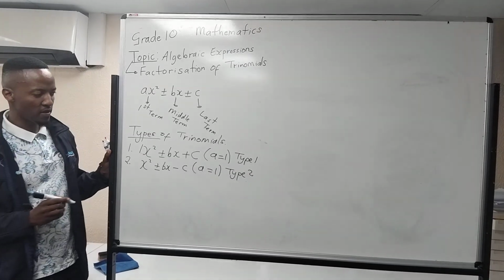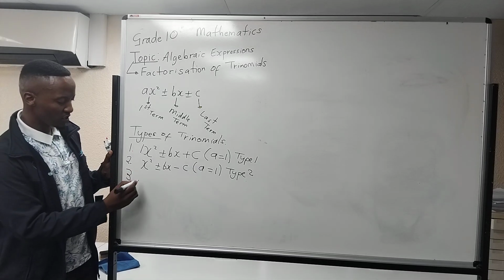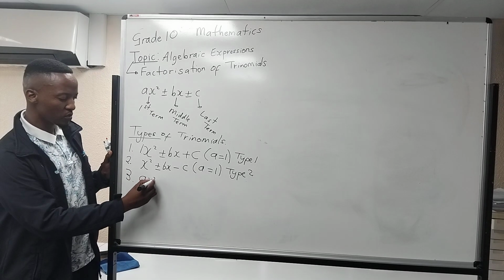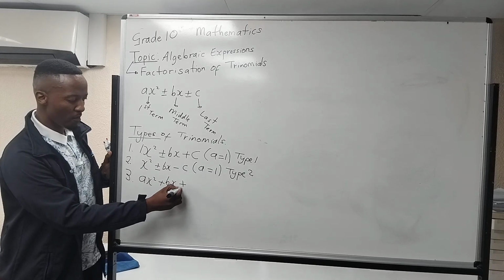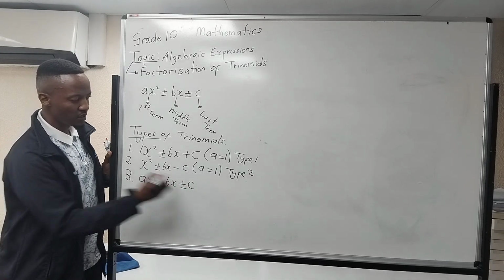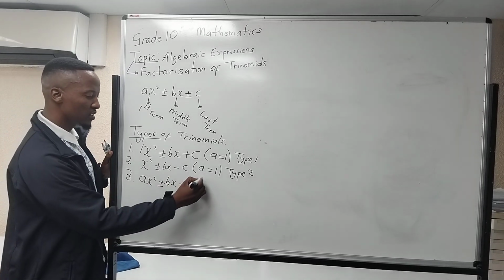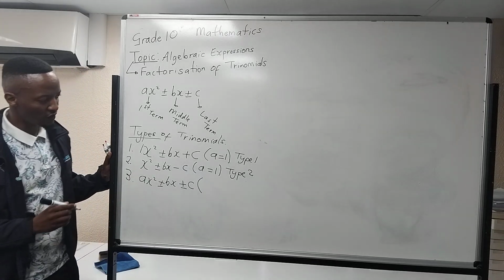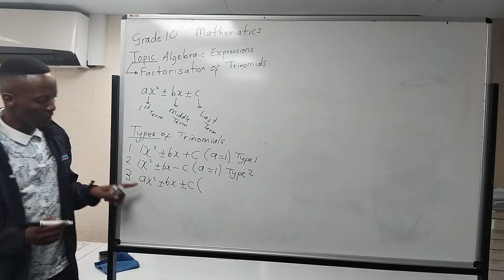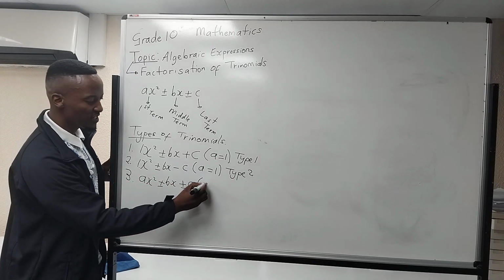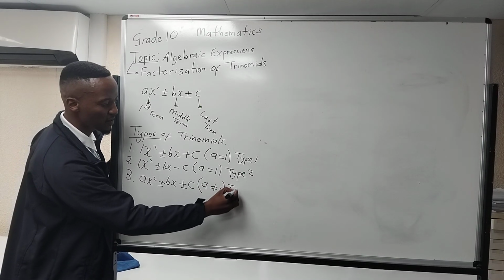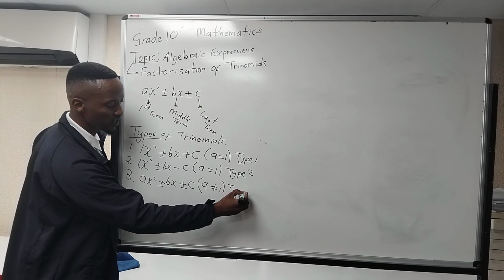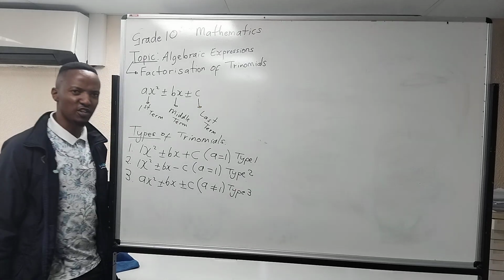And the last type is in the form of ax squared plus bx plus or minus c. In this type, the value of a will be different from positive 1. This is type number 3.